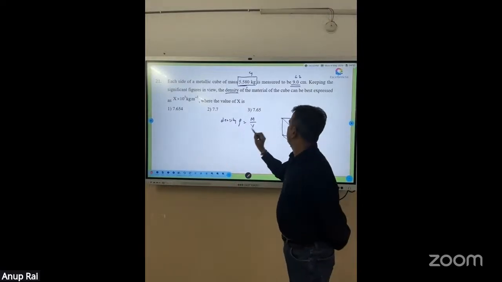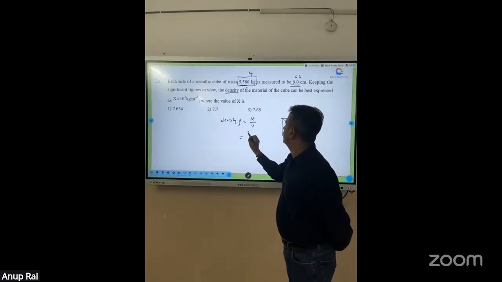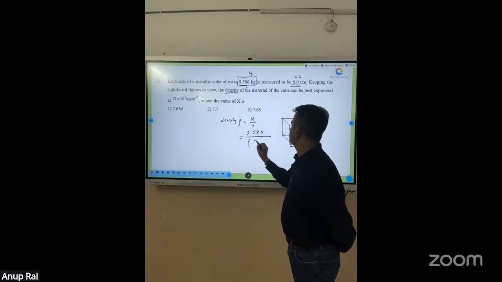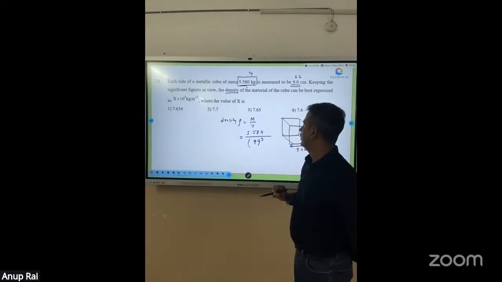Now, if you are going to divide this, we know that volume is equal to L cube. So mass is 5.580 divided by volume, which is L cube, 9.0 whole cube.